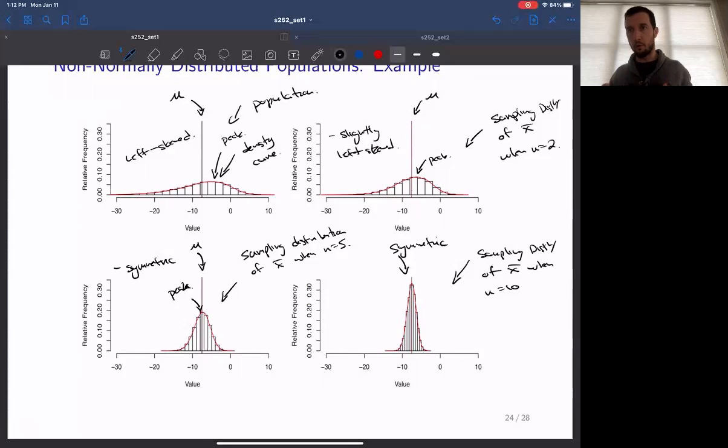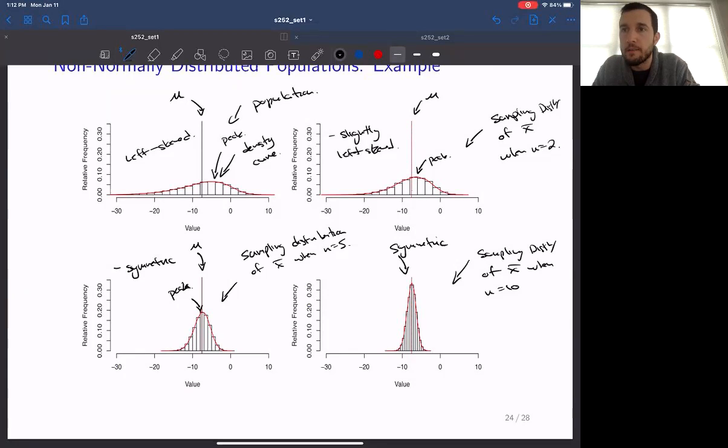Now, it's very important that we are able to distinguish between the distribution of the population and the distribution of the sample mean. It's very common that students confuse these ideas, and they will say things like, I collected 30 observations, so my sample is now normal. That is not the case.